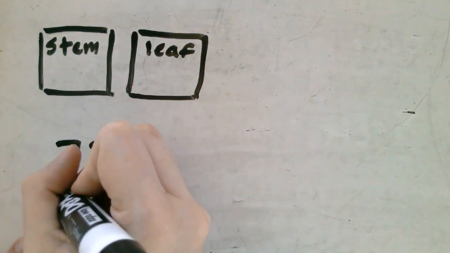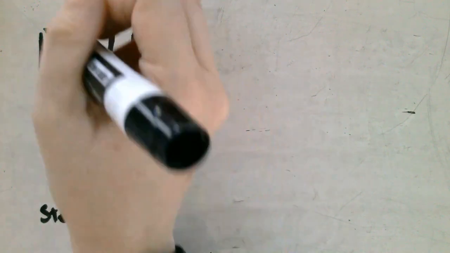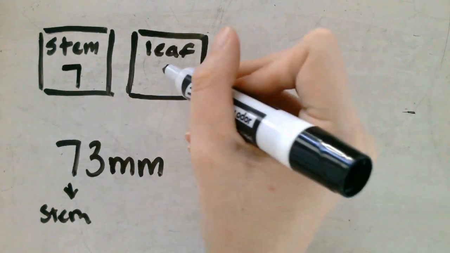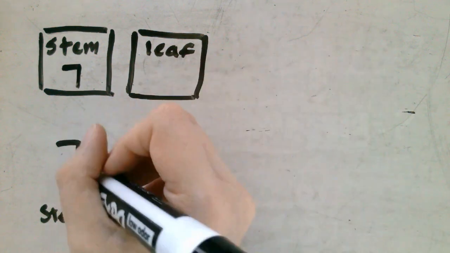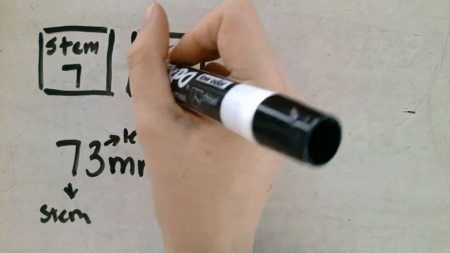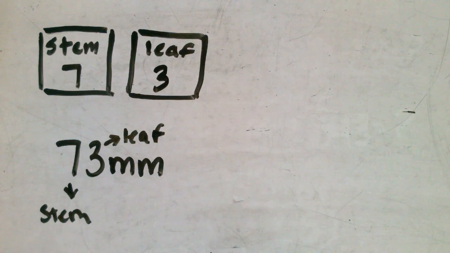My stem is the number in the tens place, so I would have 7 here. On my leaf side, I'm going to write the number in the ones place. So on the leaf side, we'll have 3. On your stem and leaf sticky notes, record the digits for your stem and leaf numbers now.